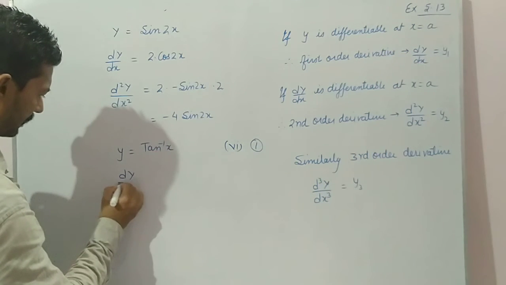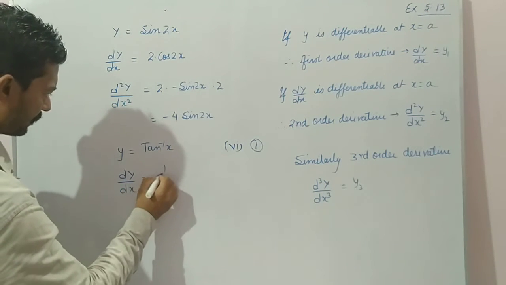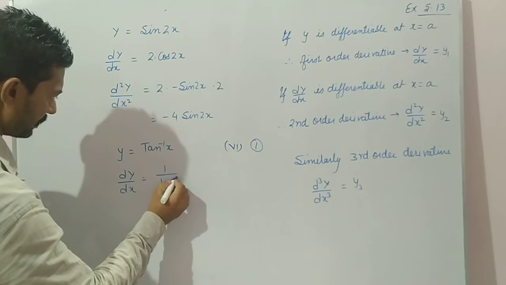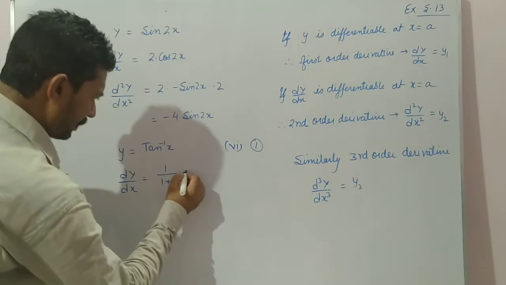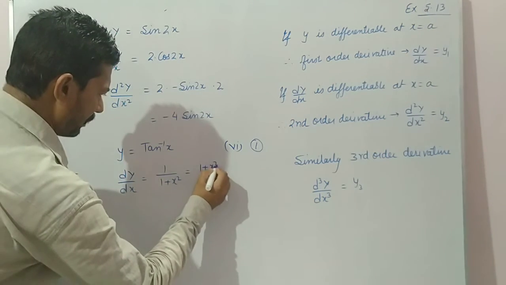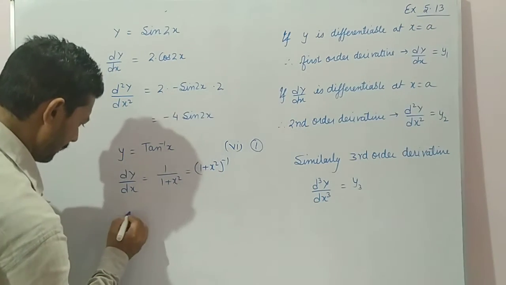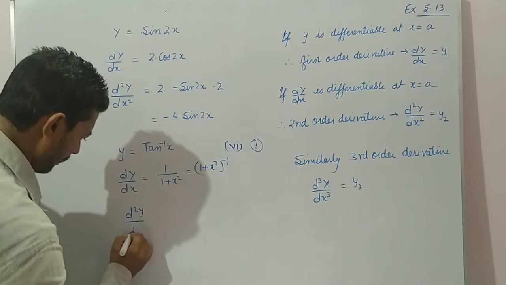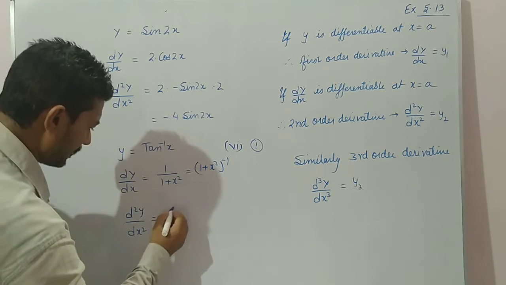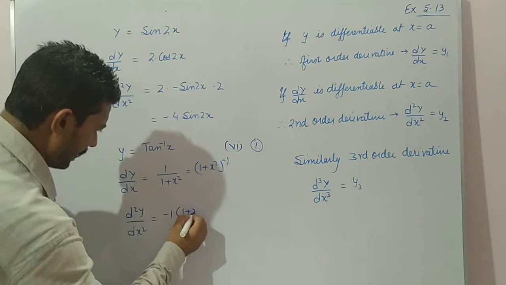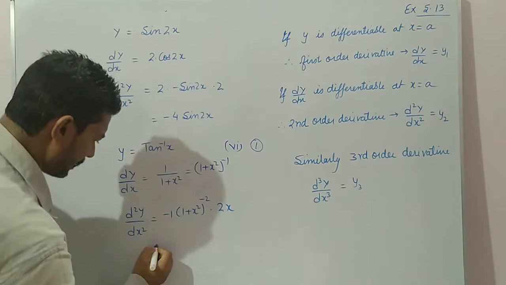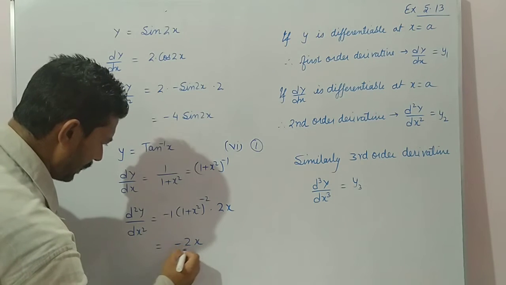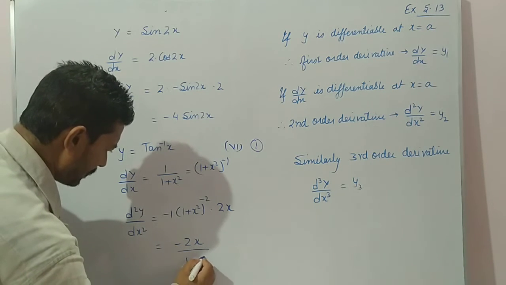So the first order derivative dy by dx is 1 by 1 plus x square. Now we require the second order derivative. For that we just take it in the numerator as 1 plus x square to the power minus 1. So d2y by dx square is minus 1 plus x square to the power minus 2 times the differential of the inner, 2x. So this is minus 2x by 1 plus x square, the whole square.